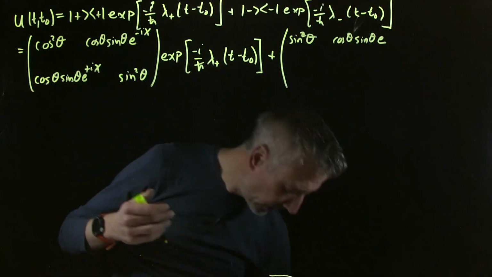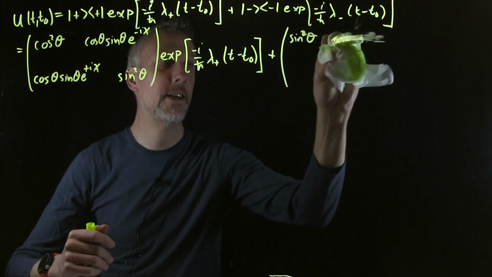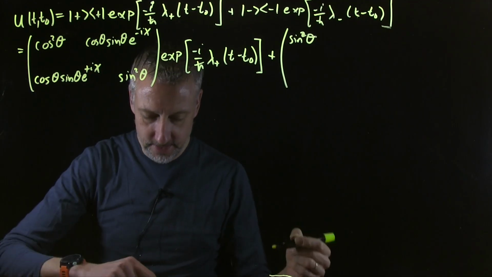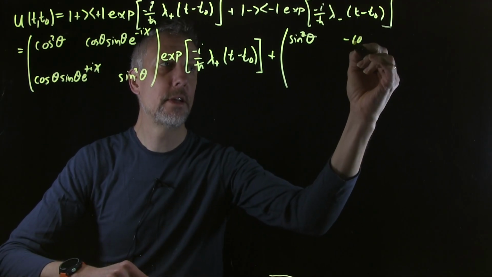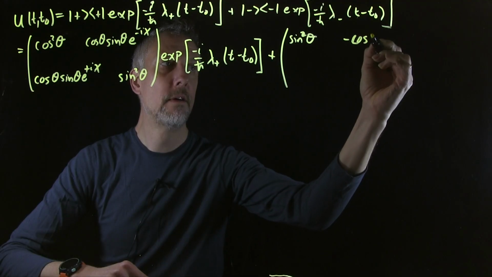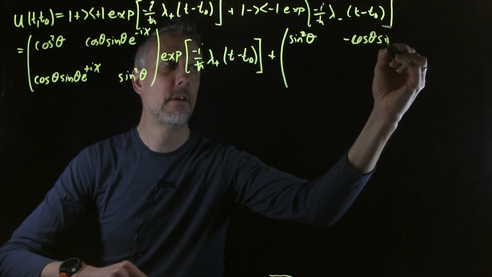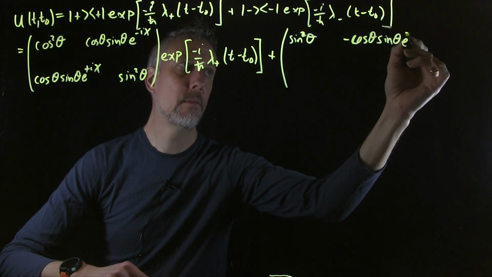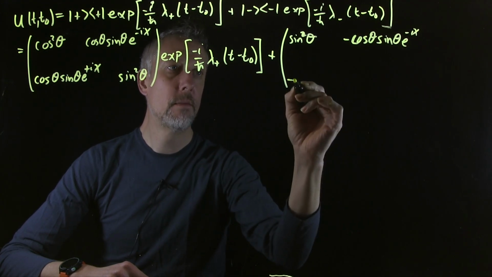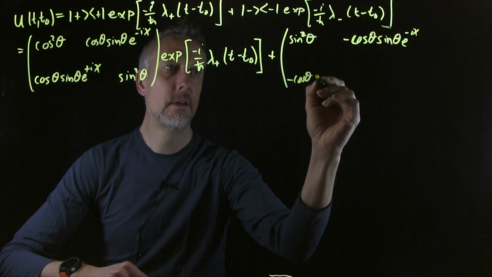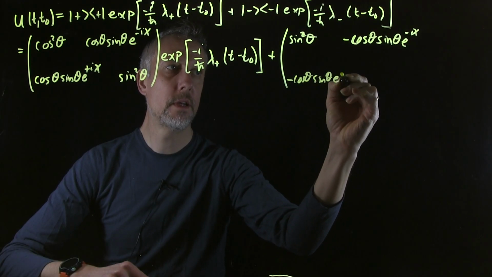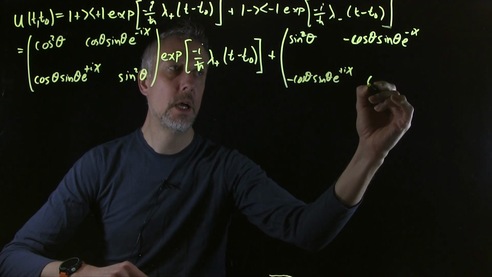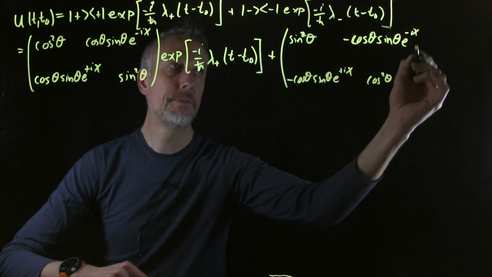This is not right. I was just copying the other one. That doesn't work, does it? All right, let's do it right instead. Minus cosine sine e to the minus i chi, minus cosine sine e to the plus i chi, and cosine squared theta.